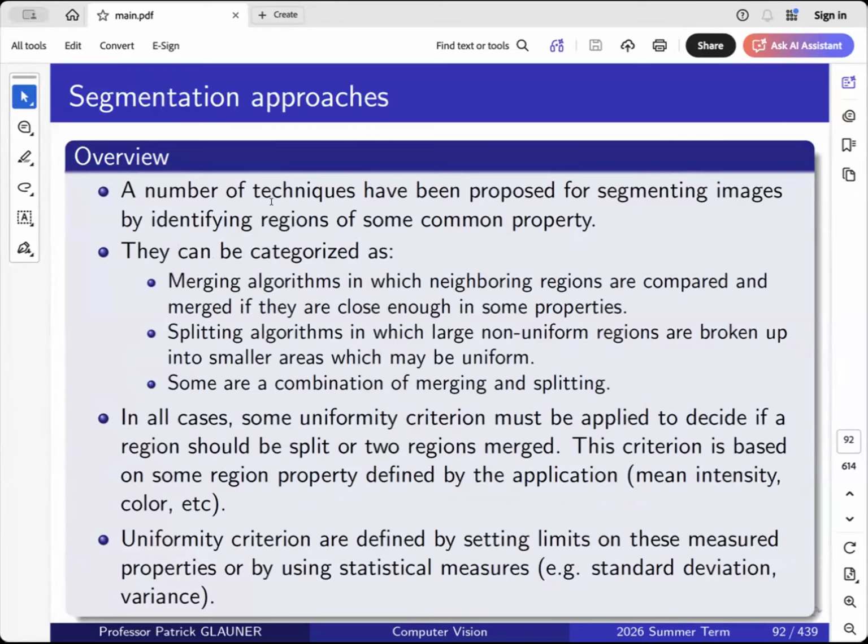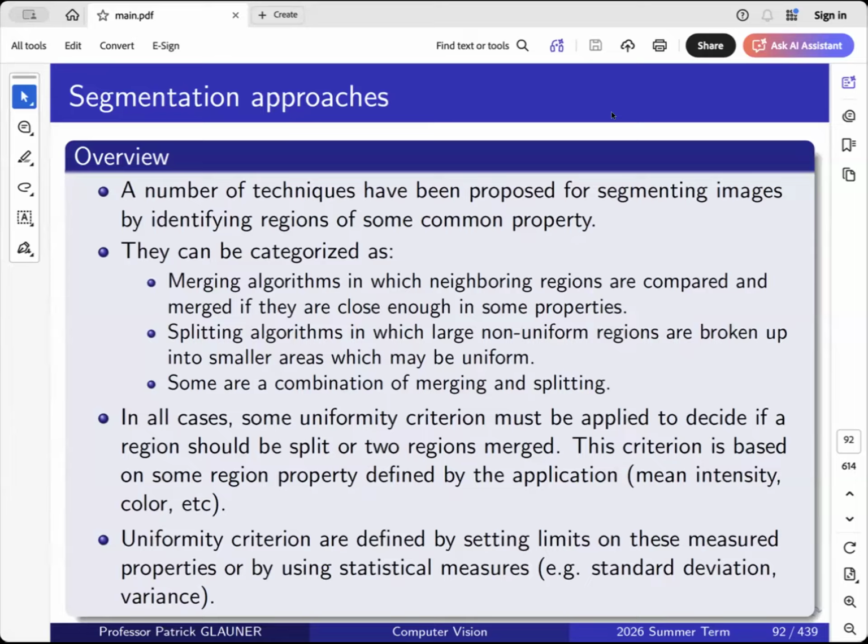So in the literature, probably thousands of segmentation approaches have been proposed over the last few decades. They all aim at identifying regions in an image, and the pixels in that region share some common property, be it color, intensity, shape or whatever.